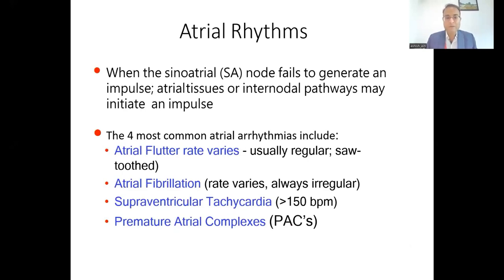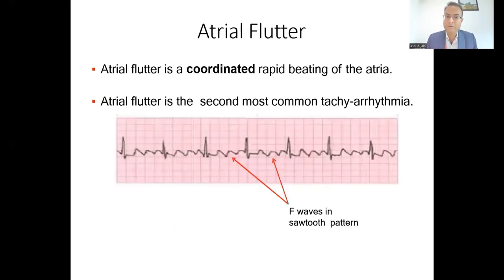Then there are certain atrial arrhythmias. What are they? Atrial flutter, atrial fibrillation, supraventricular tachycardias, and premature atrial complexes. So how to identify atrial flutter? In atrial flutter, we can have more than 2 or 3 P waves between each QRS complex.